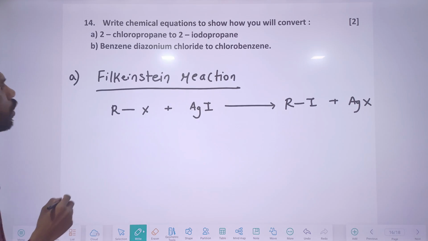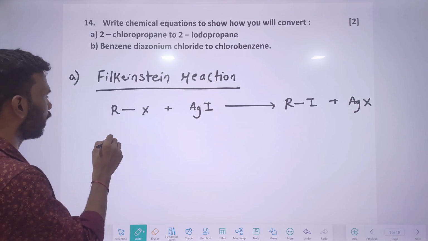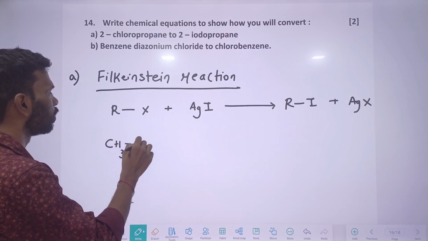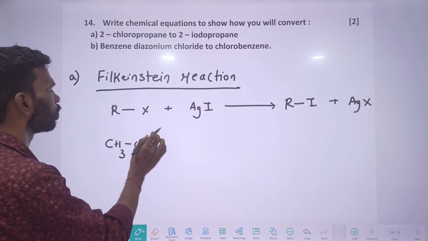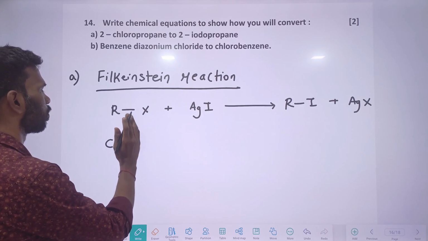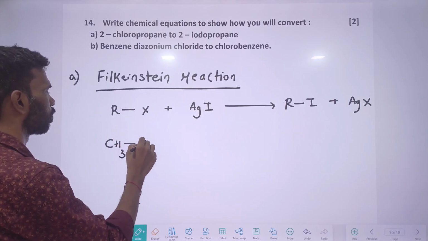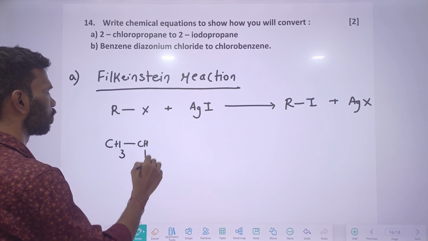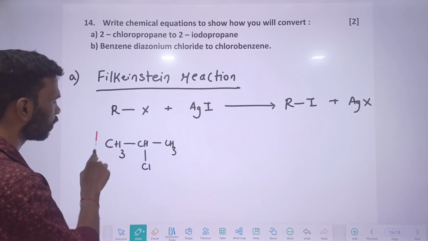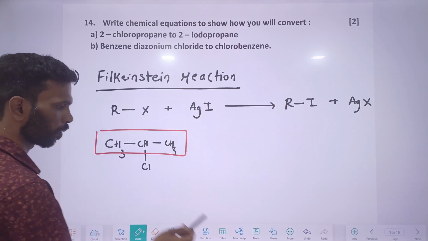So over here you need to prepare 2-iodopropane from 2-chloropropane. I will take this R part as propane, CH3, CH2, chloropropane. This will be my R part.